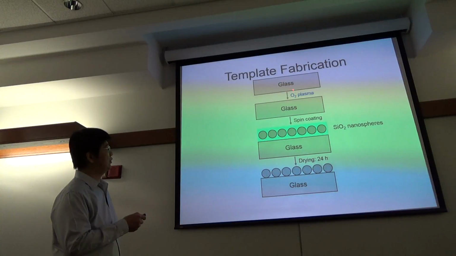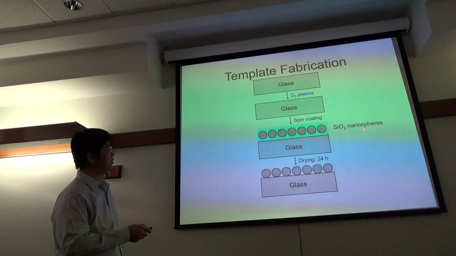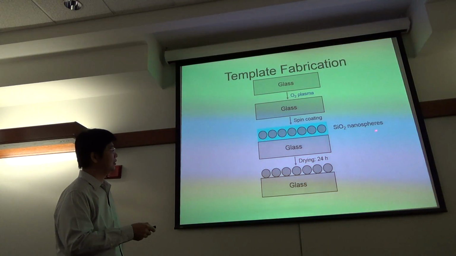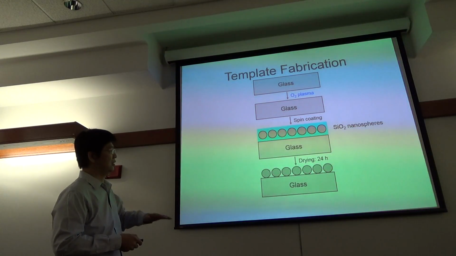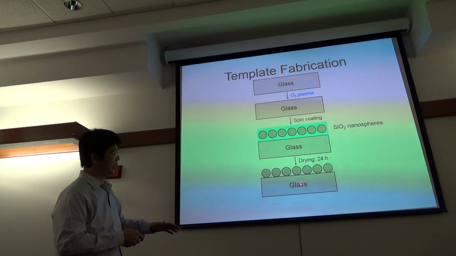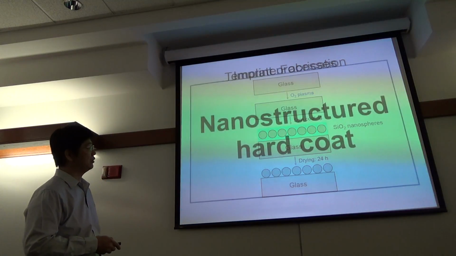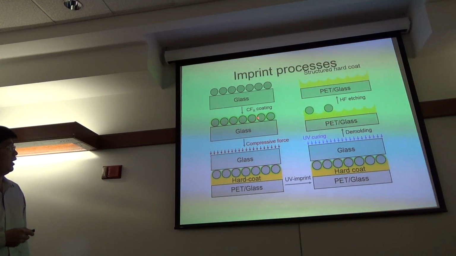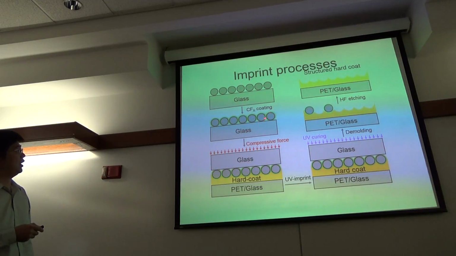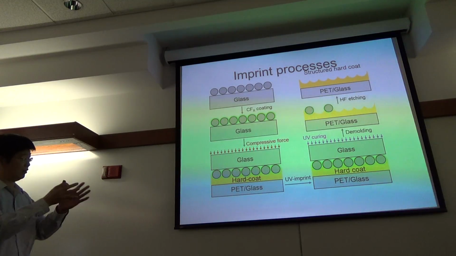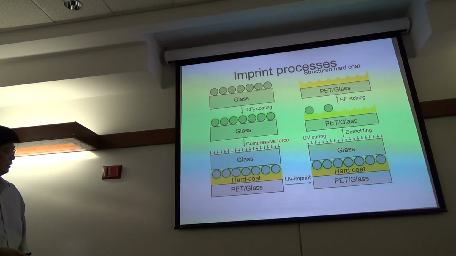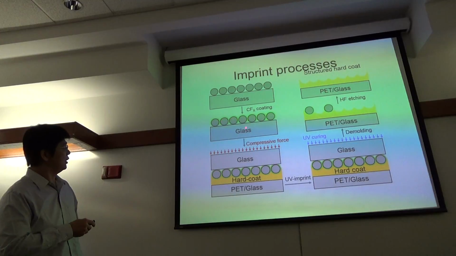So first of all is the template. We just spin coat the silicon dioxide nanospheres and dry. So there will be a self-assembled monolayer, close-packed nanostructure. Then we use the CF4 here that will make it easier when you release to your PET substrate.